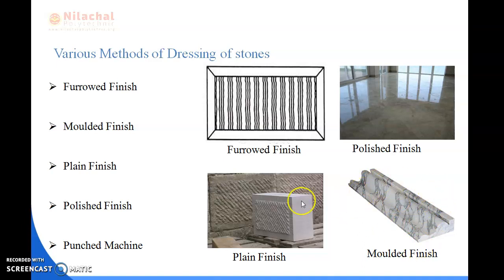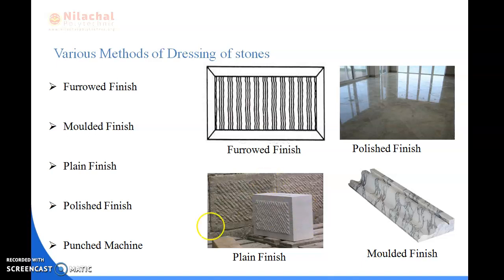Next is plain finish. Here you can see the diagram of the plain finish. In this type of finish, the surface is made smooth with a saw or with a chisel.